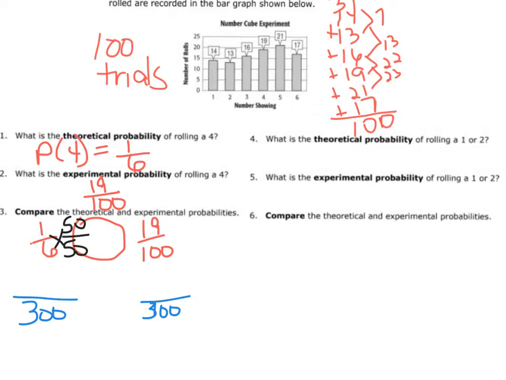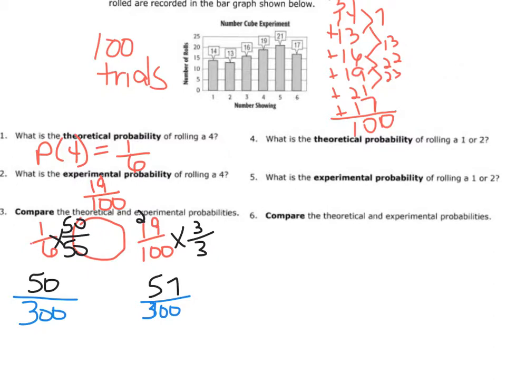So 1 times 50 is just 50. Okay, so how many times does 100 go into 300? 3 times. So then 19 times 3 will give us what? 9 times 3 is 27. 3 times 1 is 3 plus 2 is 5, so 57.